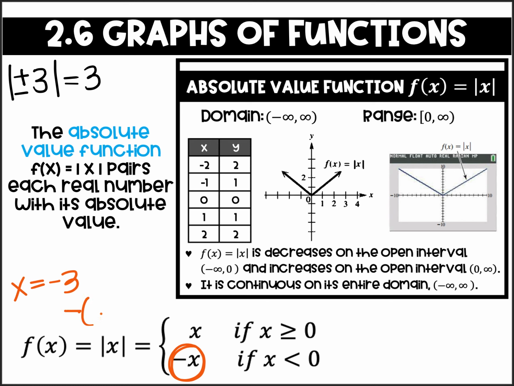If I take negative 3 and put it into my negative x, it's going to be positive 3. And if my 3 was positive, it would have been just 3. This is just another way of explaining what the absolute value is, that it only cares about the value of the number.